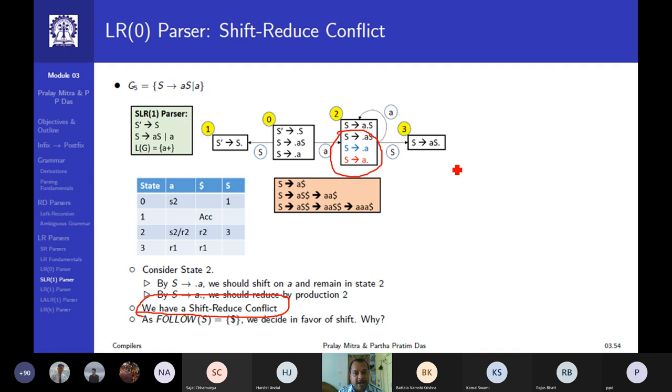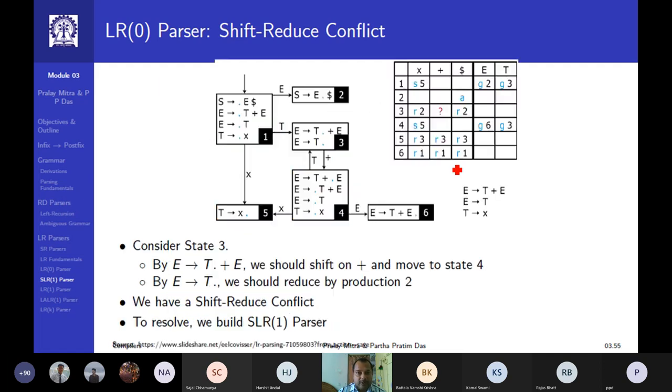So how to decide which one to take, whether to reduce or to shift? In order to handle that, we have to use some extra information.